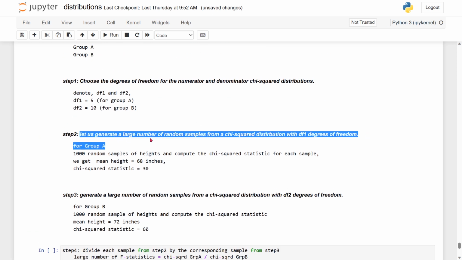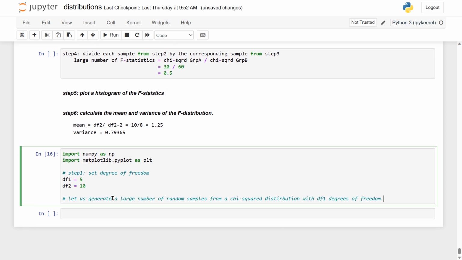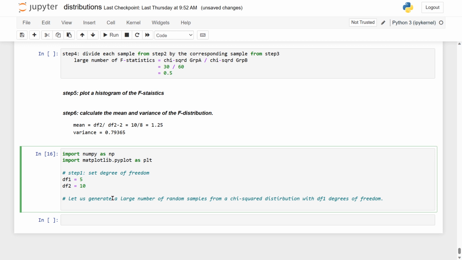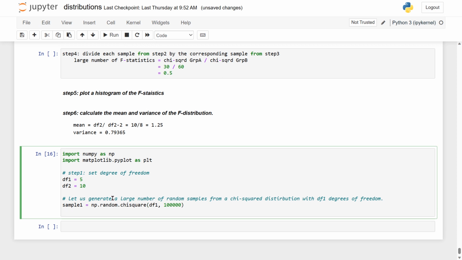So let's generate a large number of samples. Sample 1 for group A is equal to np.random.chisquare, and obviously from df1, I want this many samples, 1000. Okay, so done. I gave these many samples to generate.